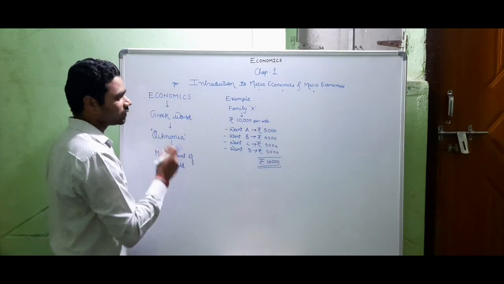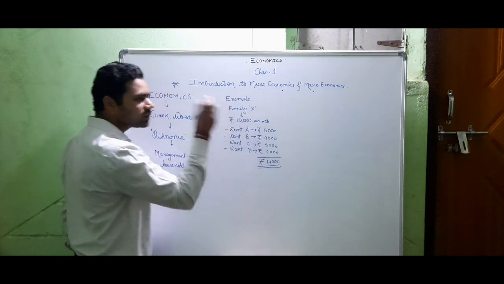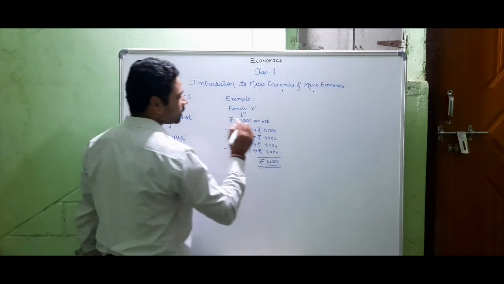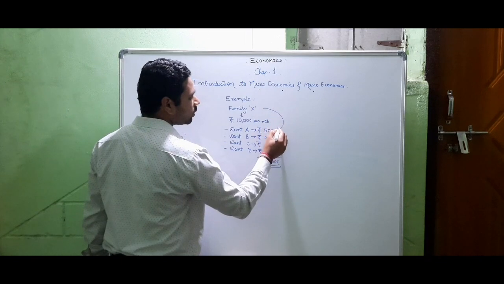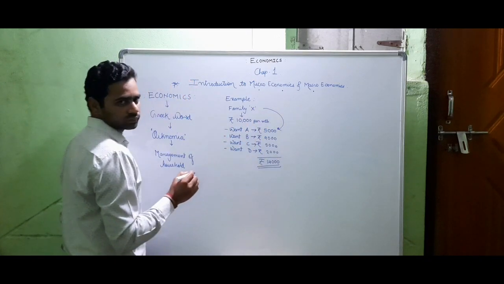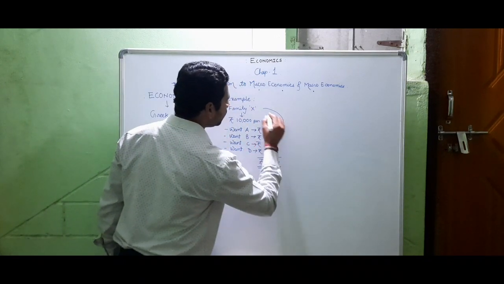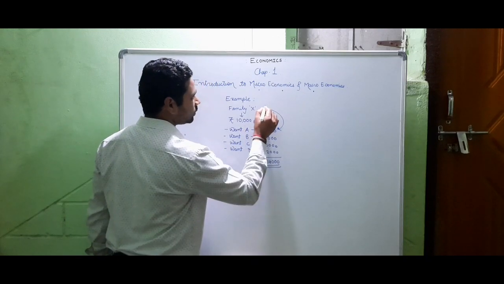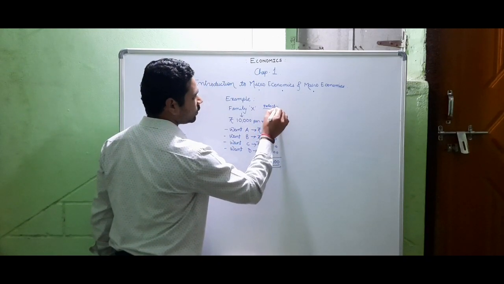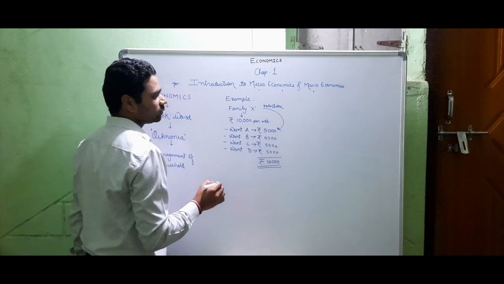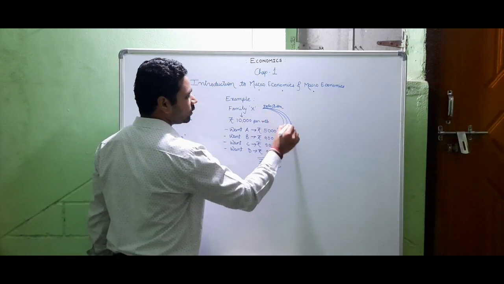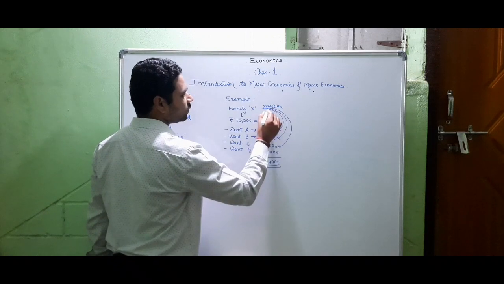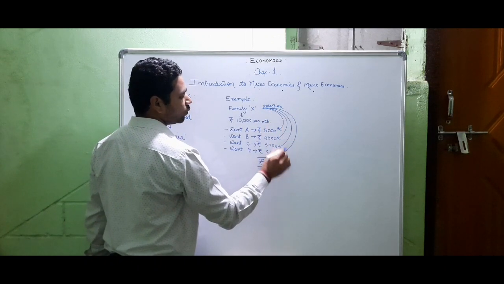So in this case, what family X is required to do is they are required to make a selection. They are required to make a selection from all these different wants.